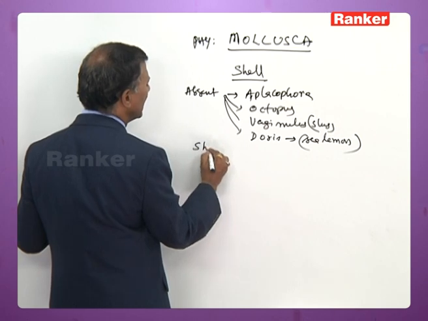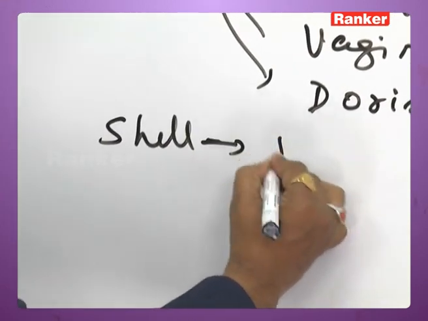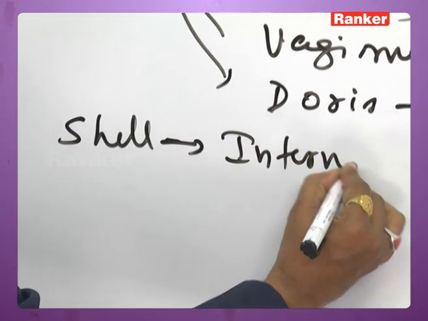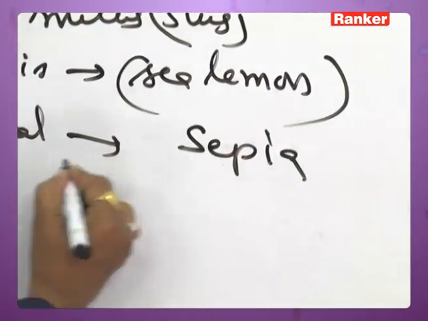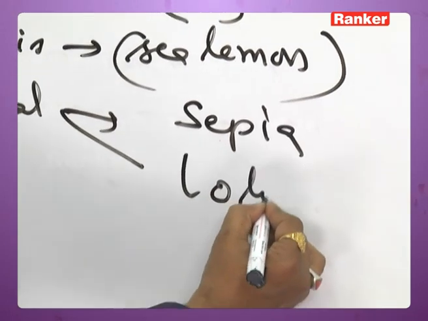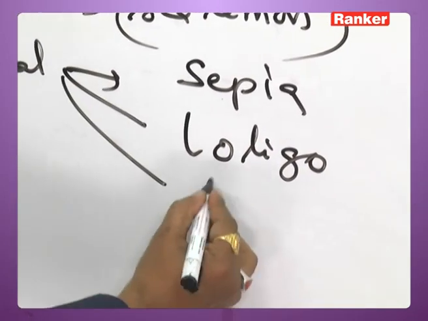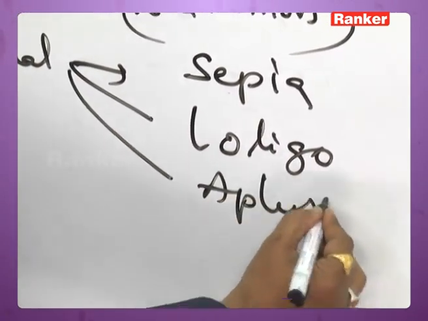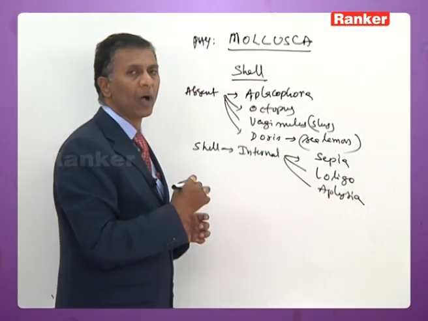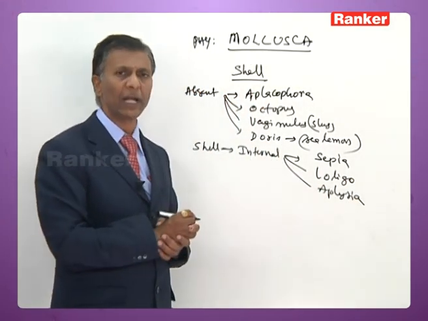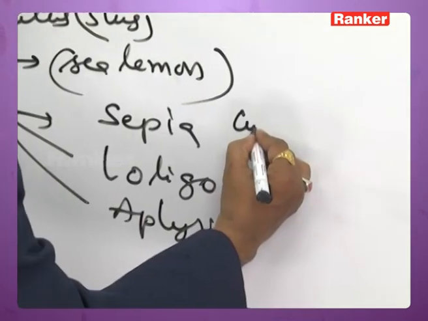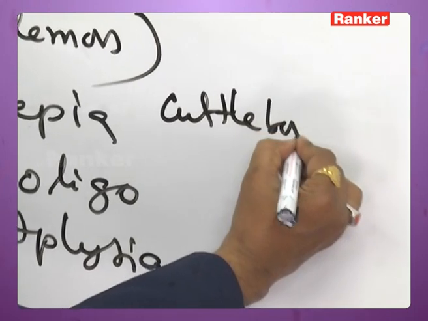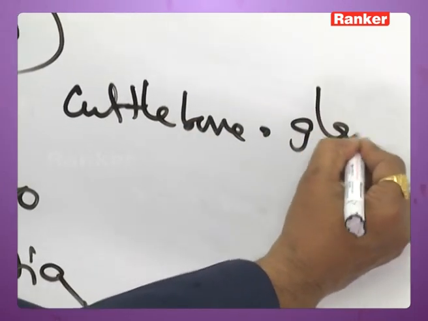Shell is internal in sepia, loligo and aplysia. Sepia, which is commonly called cuttlefish, has an internal shell called cuttlebone or gladius.